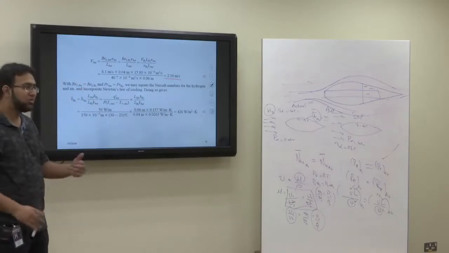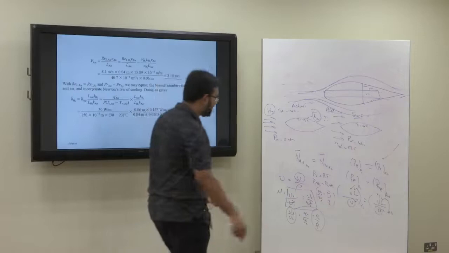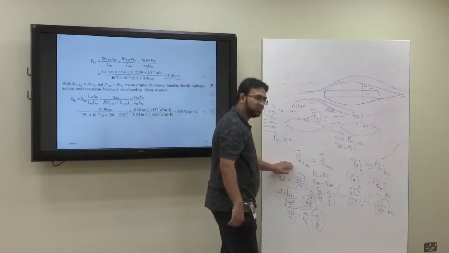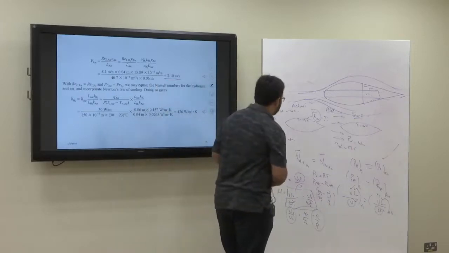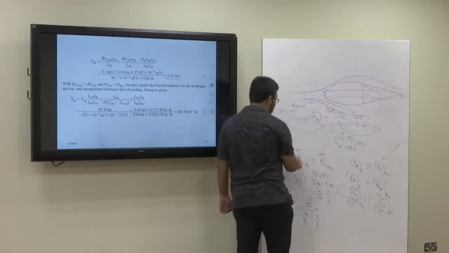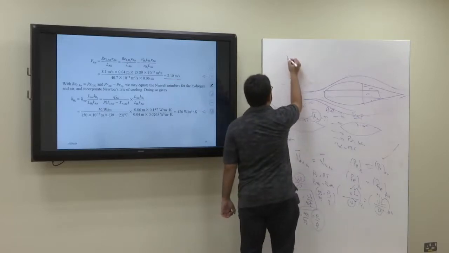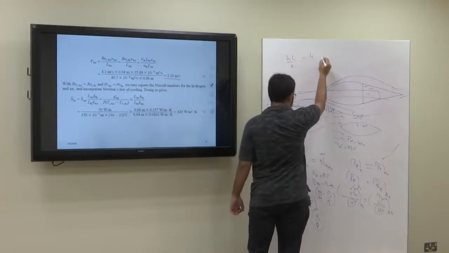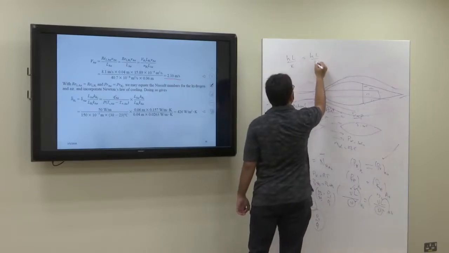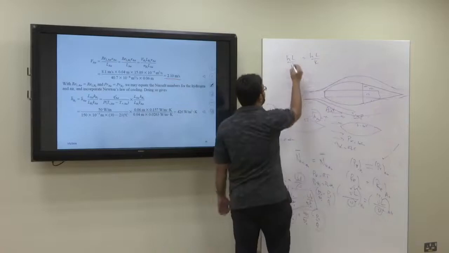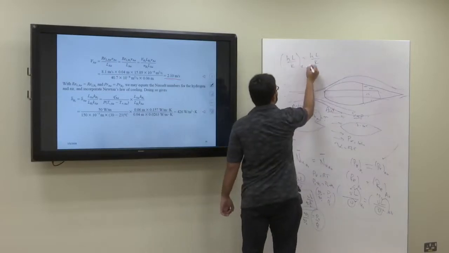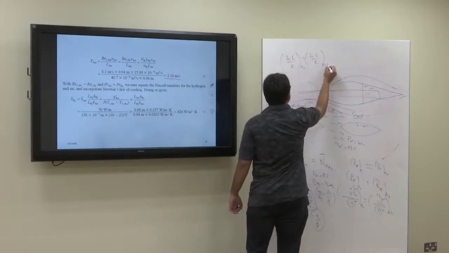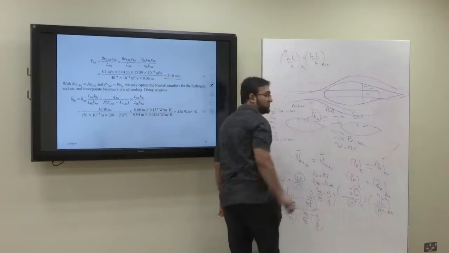Now once we are sure that the Reynolds number and Prandtl number are the same, we can compare the two Nusselt numbers. Now what will be the two Nusselt numbers here? This will be the Nusselt number for hydrogen, hL upon k, and this will be the Nusselt number for air, hL upon k. We need to find it for the case of hydrogen.